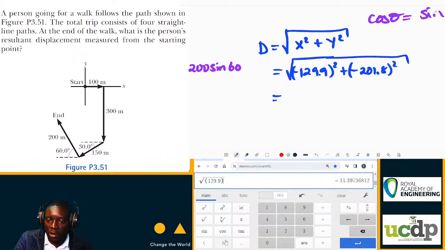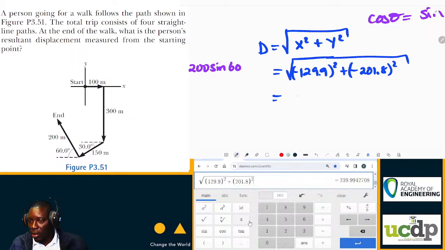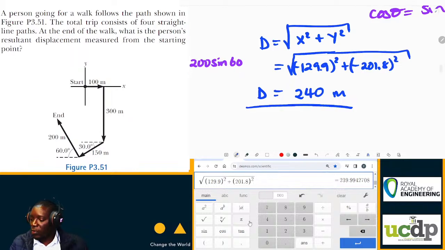So don't worry about it. Squared plus 201.8 squared gives 239.99. So this is 240 meters. D is equal to 240 meters.